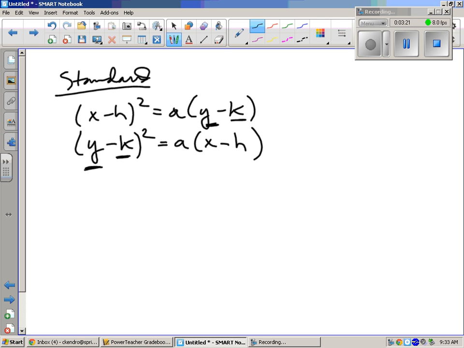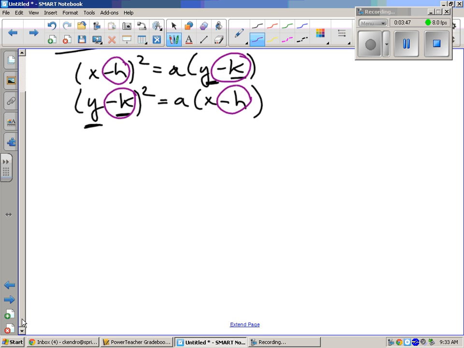Okay, if it's in this form, you can find h and k just by looking at it. If I wanted to know the vertex, I would just look at these two, but make sure you put them in the right order, because the h is first and the k is second. All right, or you can get it into standard form. You can just isolate one of the terms to do that.